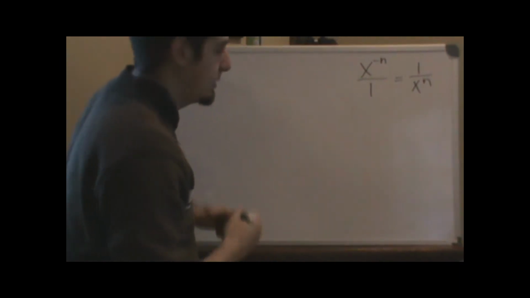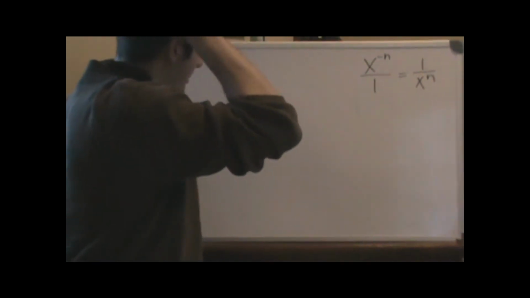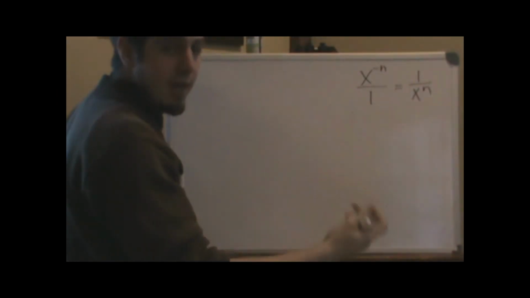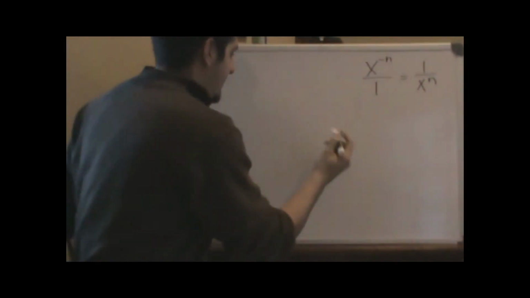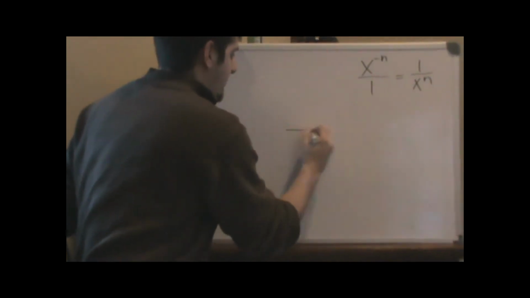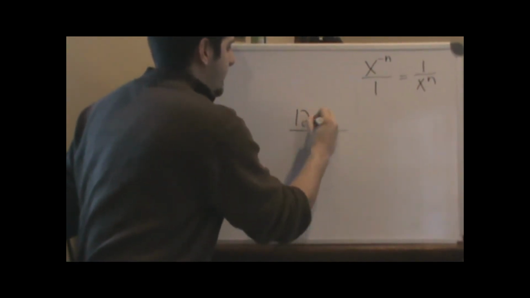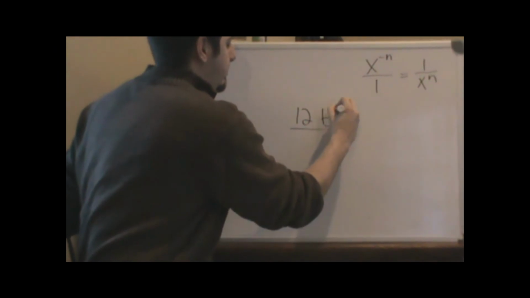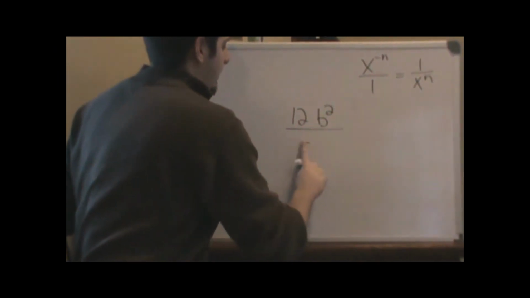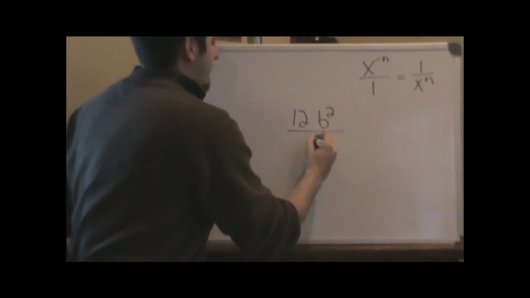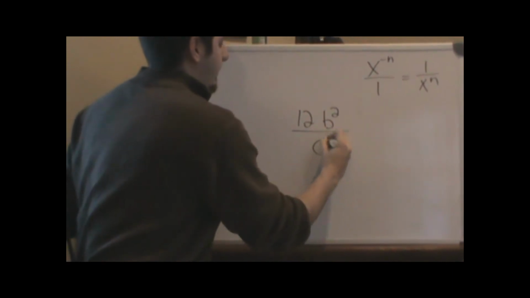Now, sometimes you may be multiplying or dividing monomials and you'll get some answers that look kind of funky. You might see something like 12b squared over c to the negative 3.